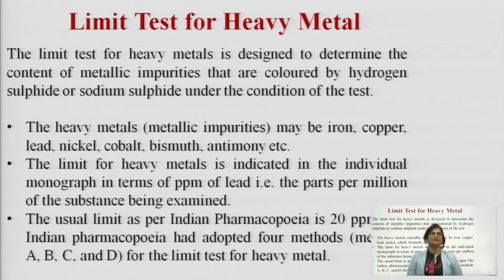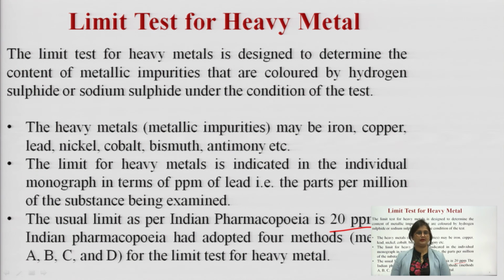The limit test for heavy metals is indicated in the individual monograph in terms of ppm of lead, okay, so it is compared in terms of ppm for lead. The usual limit as per Indian Pharmacopoeia for heavy metals is 20 ppm.